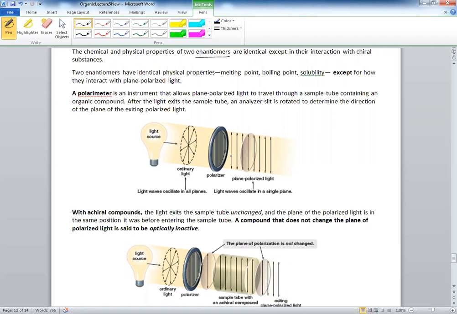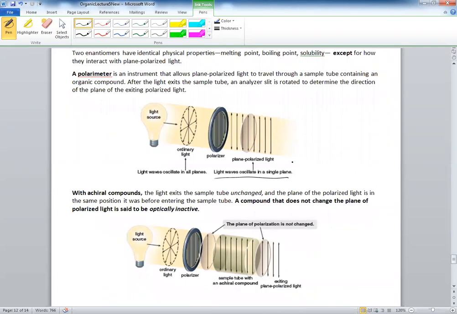The polarizer is basically what you find in polarized sunglasses. It simply makes the light go in one plane, and that's why it's called plane polarized light. The light waves oscillate in a single plane. All other ones are filtered out.